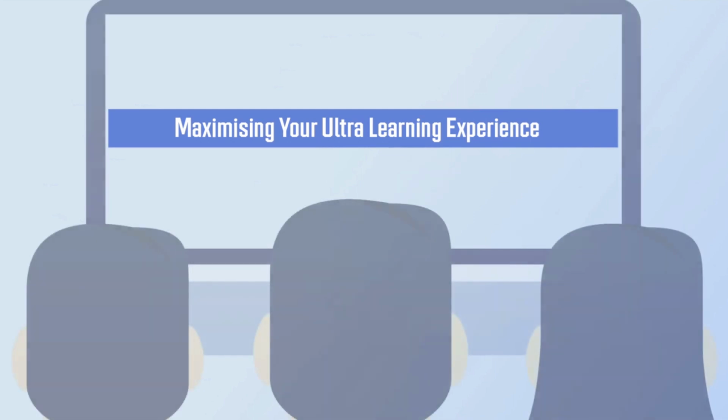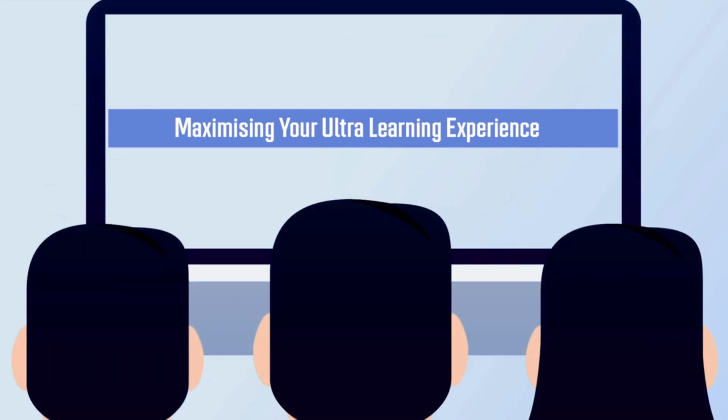Now, in order to maximize your ultra learning journey with Linux, I will advise you to first watch one chapter at a time. The first time you watch a chapter, just take in the information without taking any notes, no stress, no pressure, just to get a feel for it. Now, as you start watching the chapter again, try to follow along more closely, or take mental notes or actual notes.